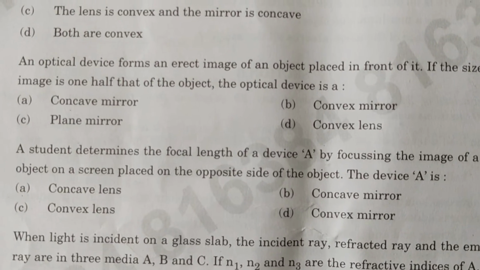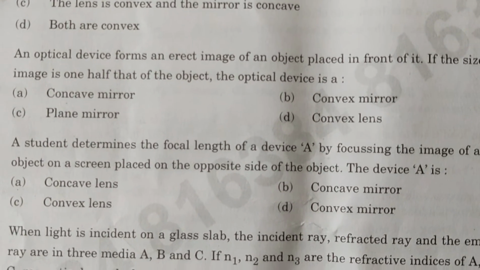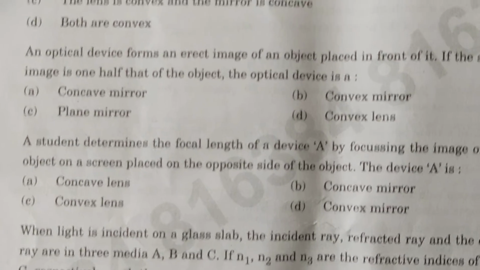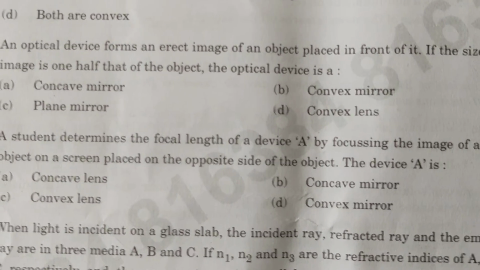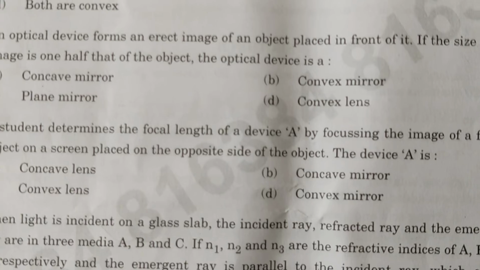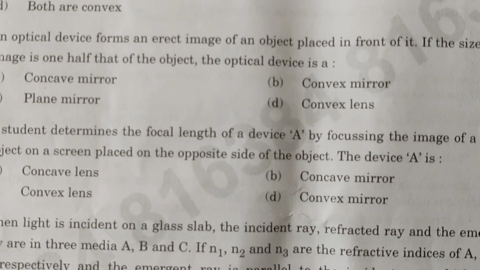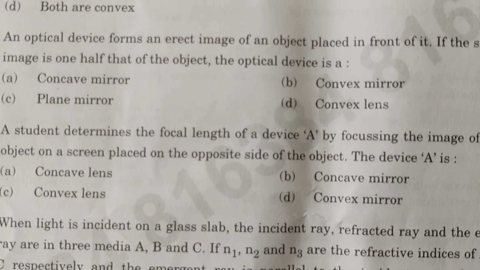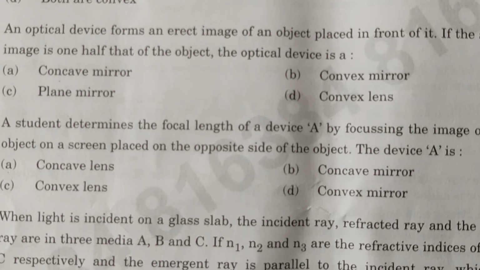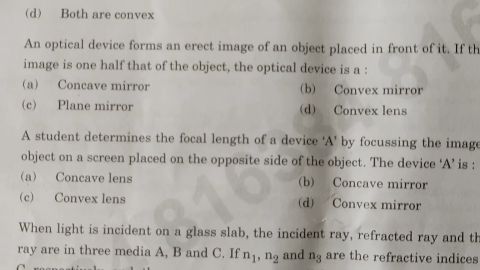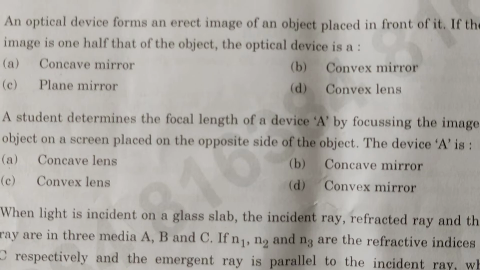Now, we are left with 2 options, B and C, concave mirror and convex lens. In concave mirror, real inverted images are formed in front of the concave mirror. So, screen should be placed in front of the concave mirror to focus the image of a far-off object.